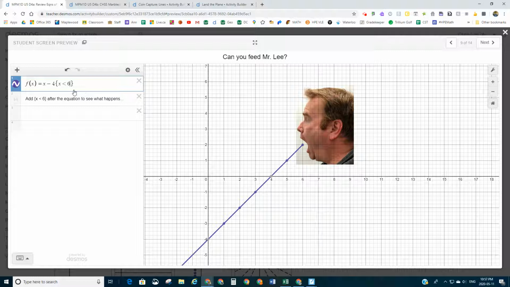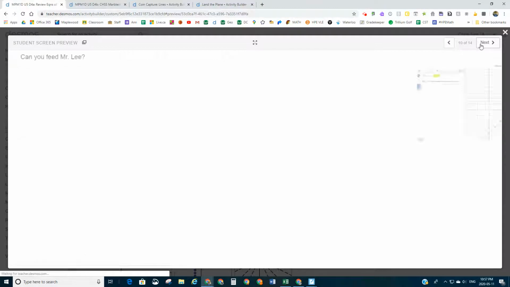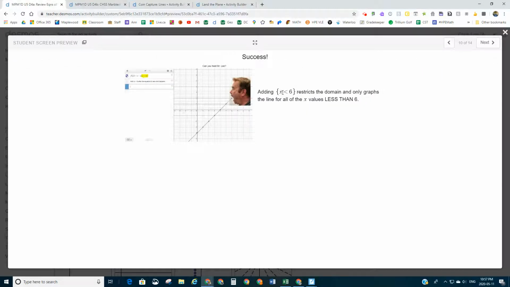If we changed it to, let's say, 8, that'd be too far. It goes further than that. Or if we changed it to 4, it's not enough. So that's why we're going to x is less than 6. So adding this domain of curly brackets x is less than 6 restricts the domain and only graphs the line when x is less than 6.